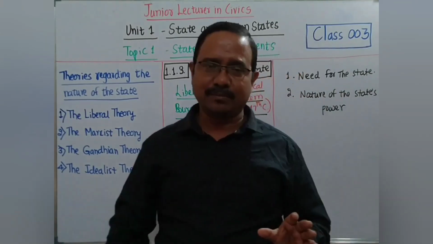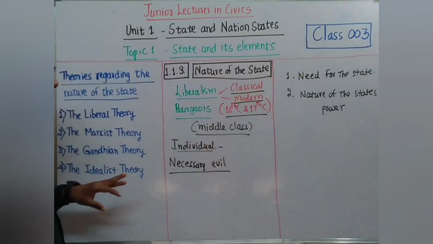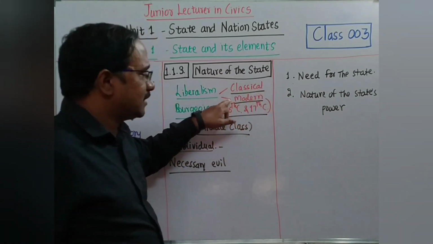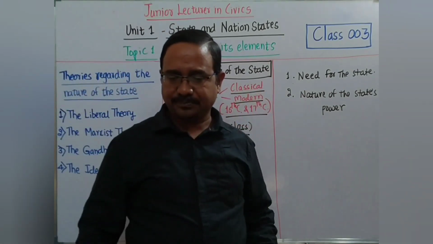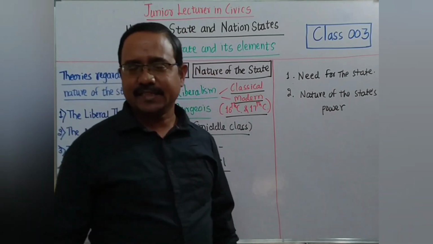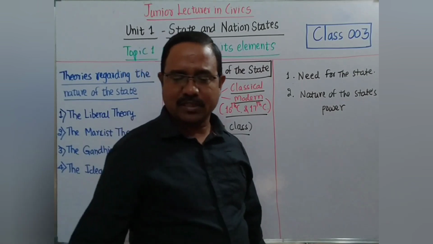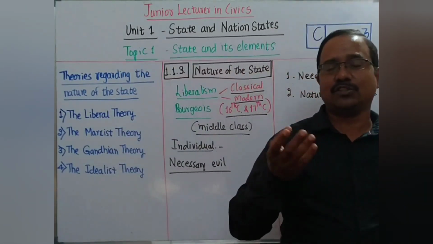In liberalism, there are two types: the first is classical liberalism, and the second is modern liberalism. In liberalism, the state is there to serve the general interests of the society only.